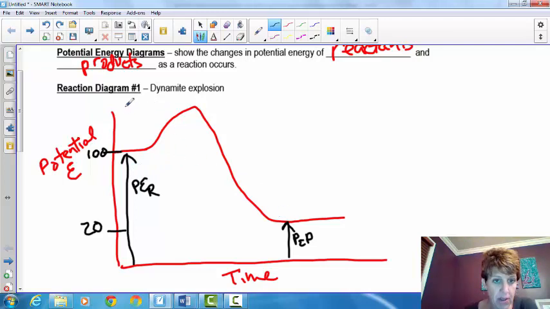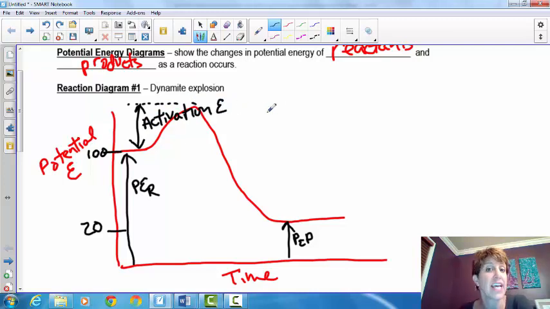Now if you remember this value, I'm going to make a little dotted line here, from here to the top, so just this little section here, this is my activation energy. And again, activation is what you need to get started.